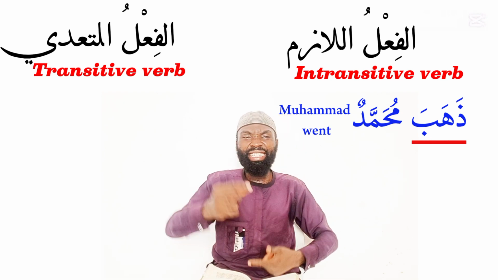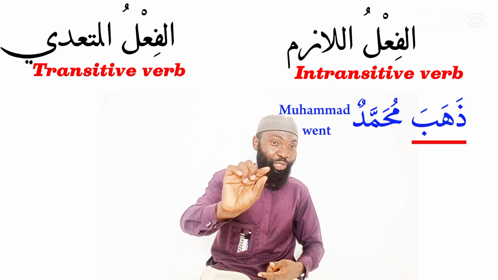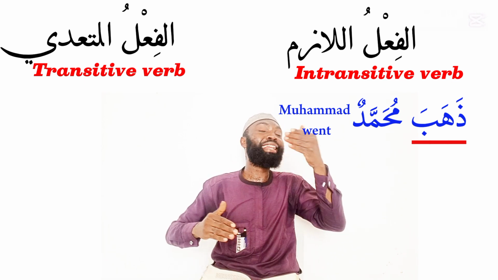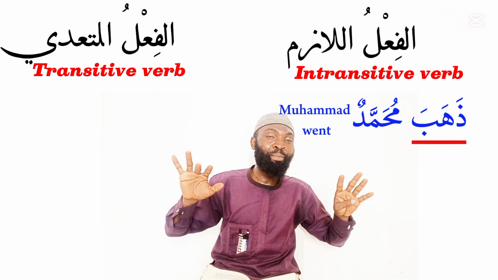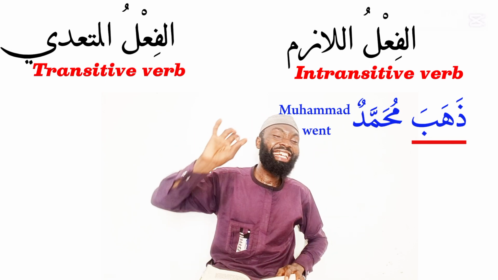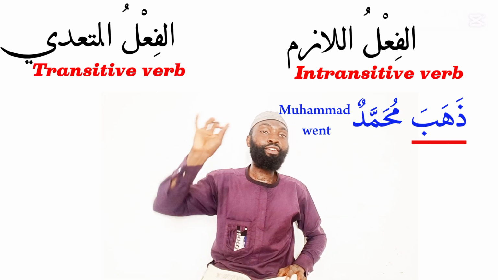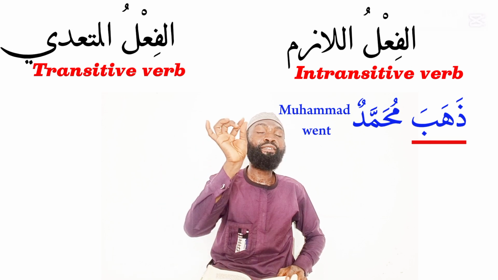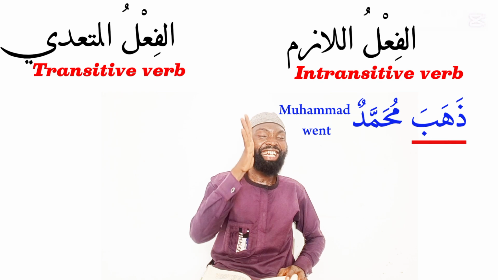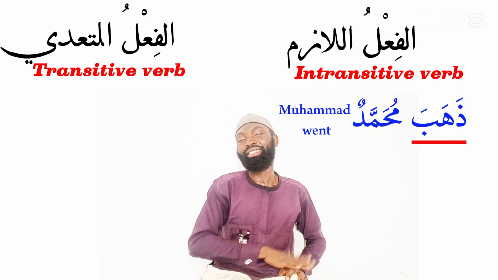The word Dhahaba is also an intransitive verb. To make this transitive, we can simply add Hamza at the beginning. This will make the word Dhahaba become a four-letter verb by adding a single letter. So this is now called al-fi'lu thulathi al-mazid, the three-letter verb with an addition of Hamza.